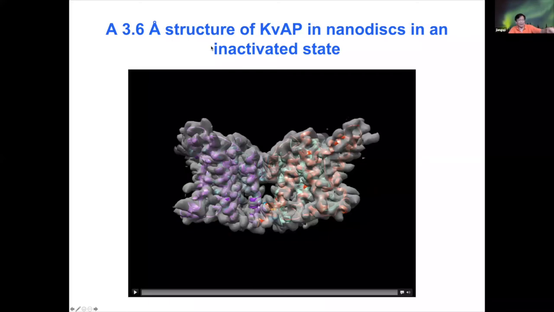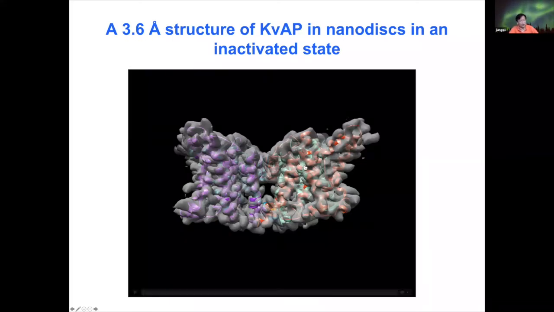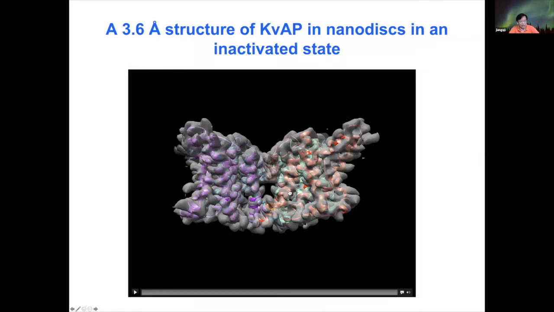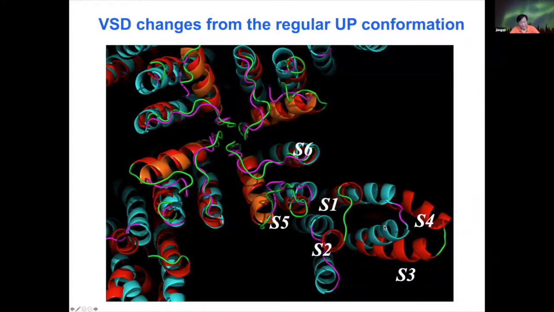We have been able to get a nice data set reaching 3.6 angstrom resolution, which allows us to build a molecular model in this conformation. In this conformation, we can see that the voltage sensor undergoes a significant rotation. Instead of vertical movement in the lipid bilayer, it's actually rotational movement in the bilayer.